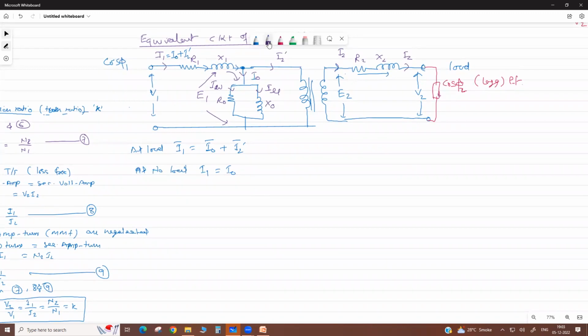Okay, but now this equivalent circuit, we again extend it. Now suppose we transfer the primary side to the secondary side, or sometimes the secondary side is referred to the primary side. Then see, this is the primary resistance, primary reactance, and this is your magnetizing branch.